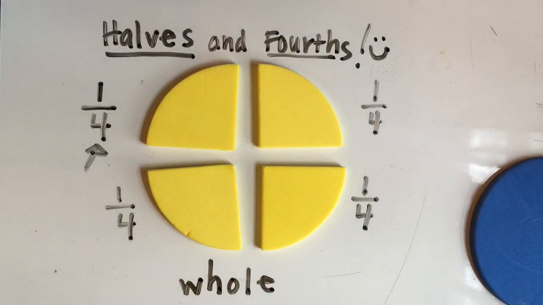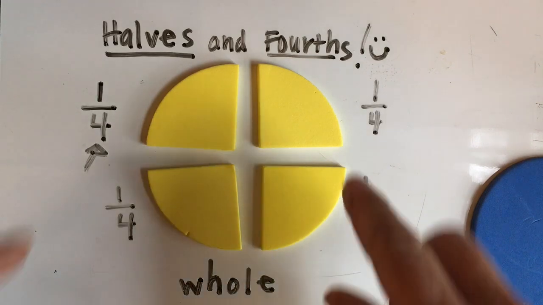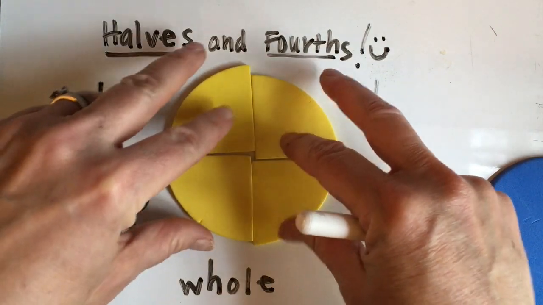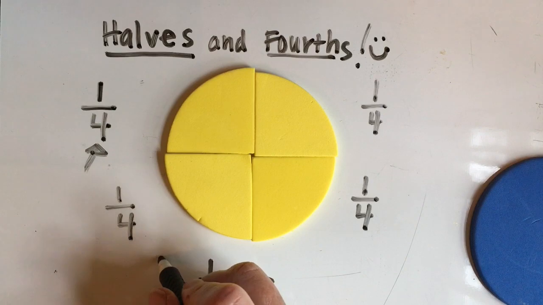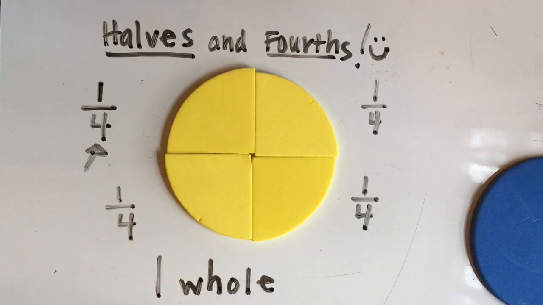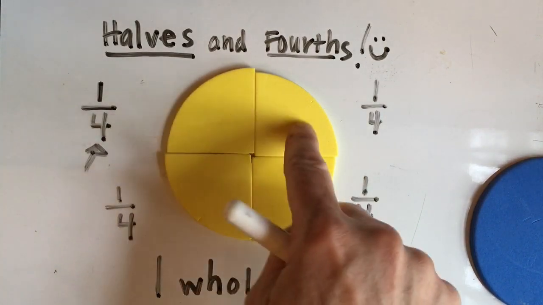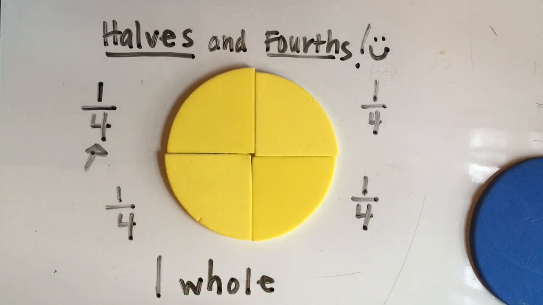So I have 4 fourths, and we know I could also call them quarters, so let's call them that now. 4 quarters, and that equals 1 whole. I'm going to write a big number 1 right down here next to the word whole. So 4 quarters equals 1 whole.